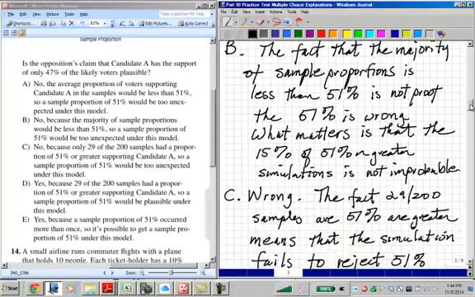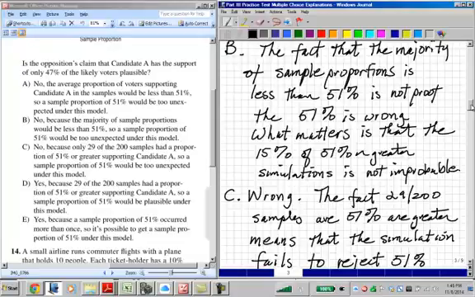All right, so let's look at B. Now remember, we're not asking is the opposition's claim plausible. We're really asking is the opposition's claim implausible or incorrect. Okay, B, no, because the majority of sample proportions would be less than 51%. So a sample proportion of 51% would be too unexpected under this model.